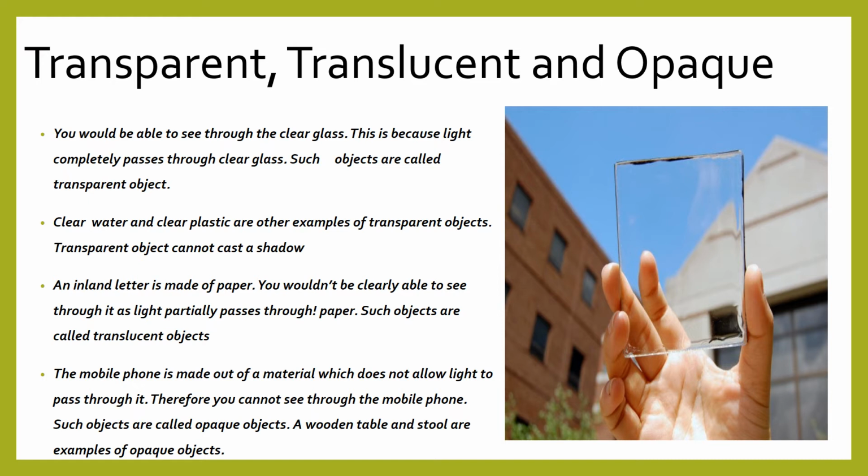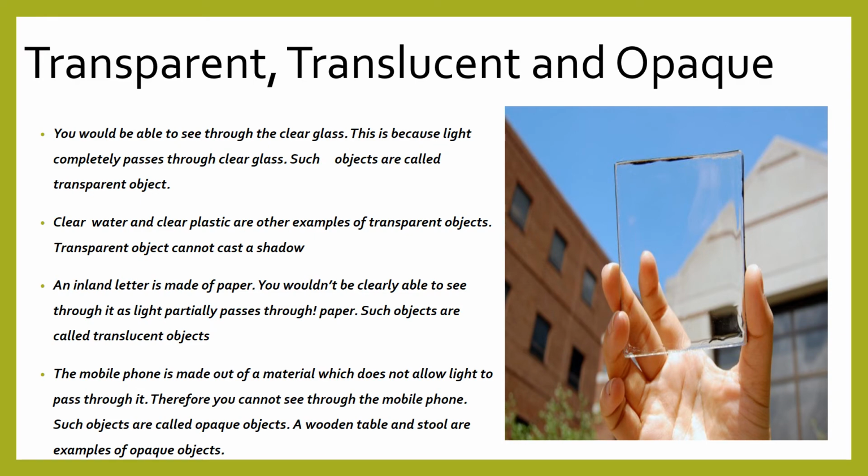Transparent objects. If you keep clear water or clear plastics, these are examples of transparent objects. In the clear water, you can see the bottom very nicely and very clearly. But if you put some mud into the water, you cannot see the bottom so well. So that is the second part of the explanation, that is, it becomes translucent. You cannot see it properly.